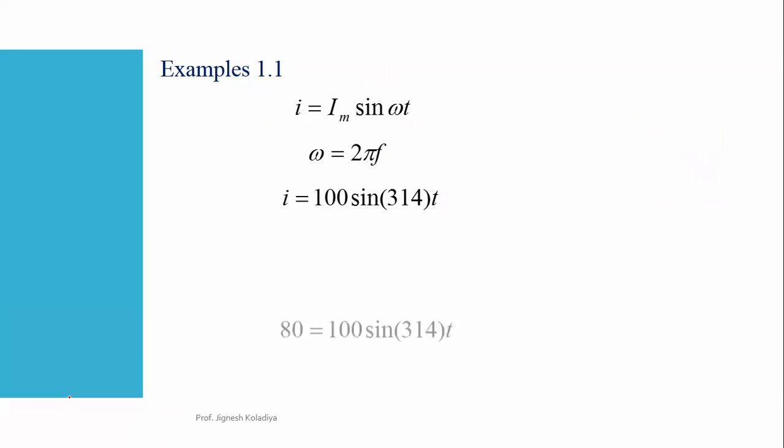So you can just put the value: 80 is equal to 100 sine 314 t. Take t on one side, solve it, and tell me what you are getting for time t. Tell me your answer.